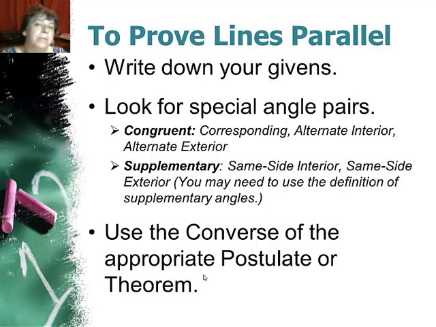Or maybe it's supplementary angle pairs, which are same side interior or same side exterior. You may need to use a definition of supplementary angles like we did in the last proof. Then finally, once you identify your angle pairs and show that they are behaving the way they're supposed to, you can use the converse of the appropriate postulate or theorem.